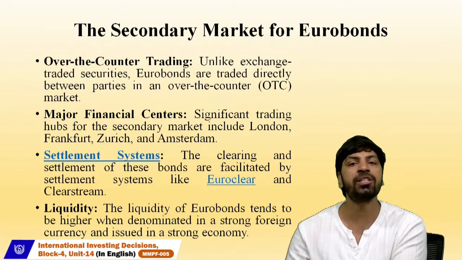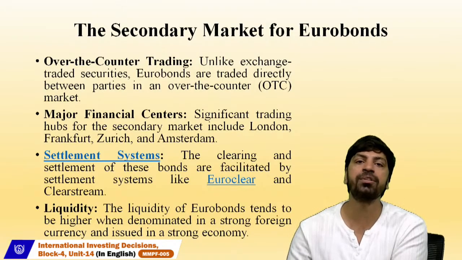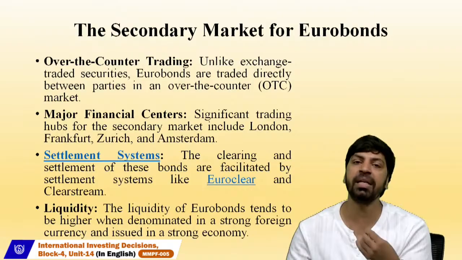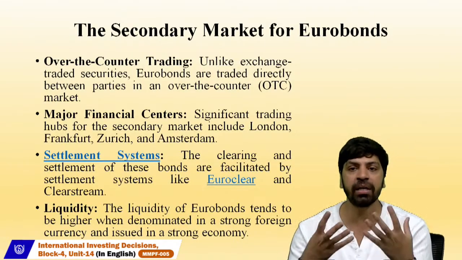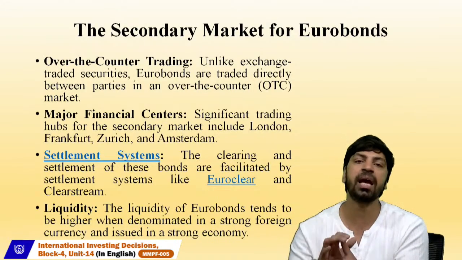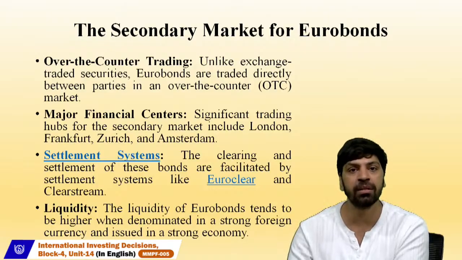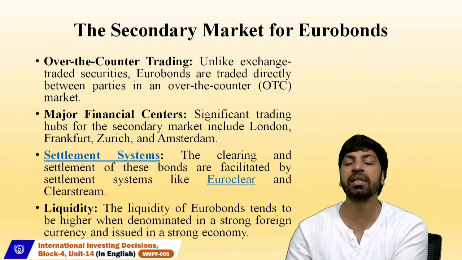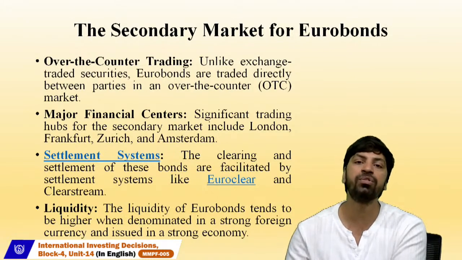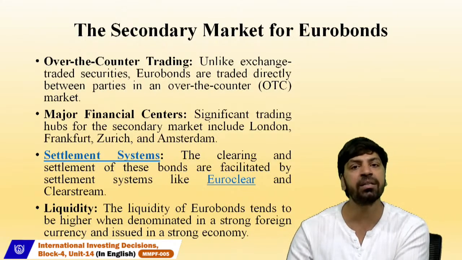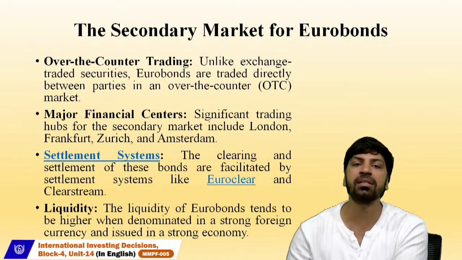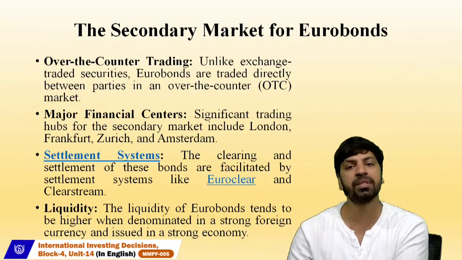Unlike exchange traded securities, Eurobonds are traded directly between the parties in an over the counter market, where screen price lists are shown and they can trade accordingly. Significant secondary market trading is done in major financial centers like London, Frankfurt, Zurich and Amsterdam.